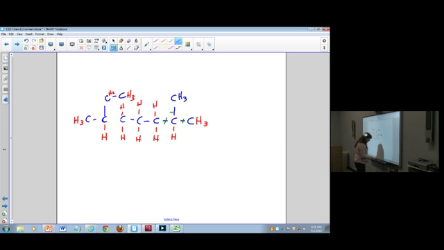All right, the name. Well, we want to number so that the substituents get on the lowest possible numbering of the chain. So let's count. 1, 2, 3, 4, 5, 6, 7. So we might call this a heptane.